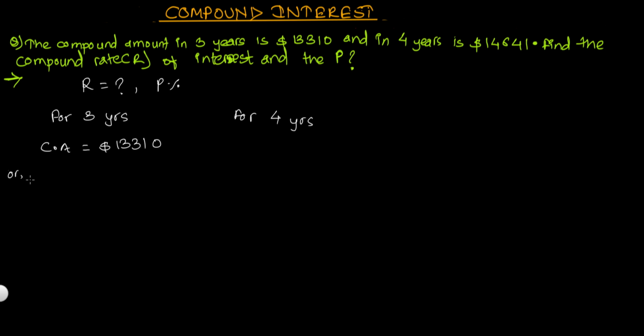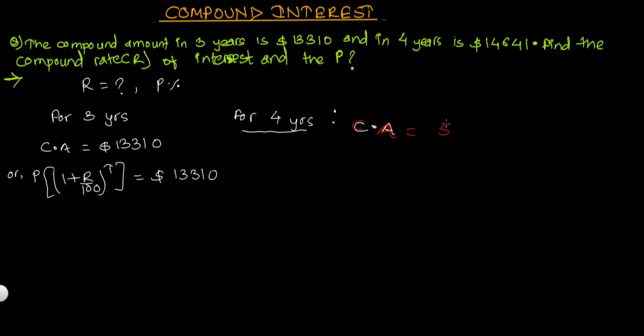Also the compound amount is P(1 plus R by 100) to the power T. For 4 years our compound amount will be $14,641.